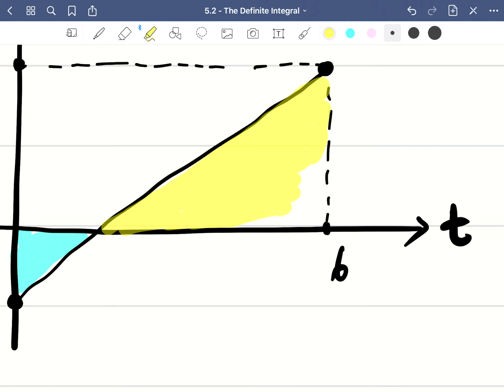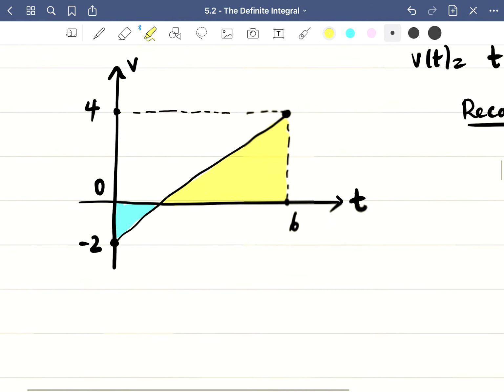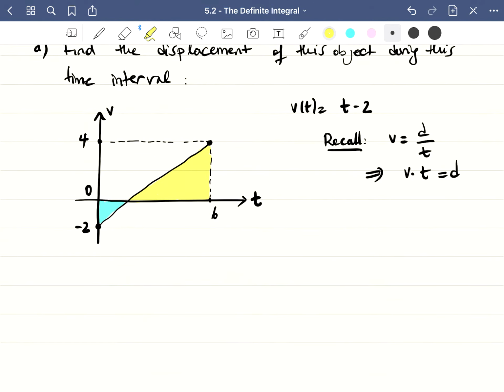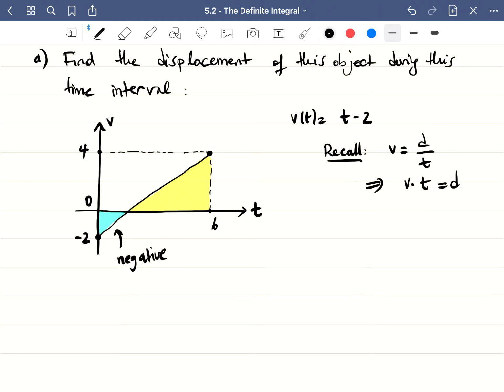Okay, I'll just be quick. So now we have the blue area and the yellow area. Now again, since we're finding displacement, which means how far you went from the initial position, we have to consider these areas with signs. So this is a negative area because it's below the t-axis, and this is a positive area.